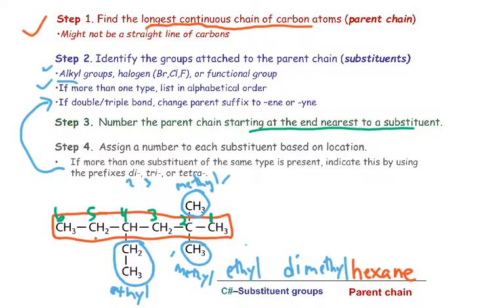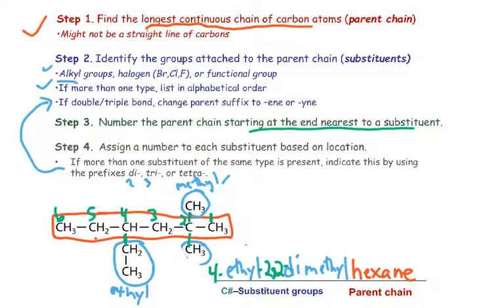And now we can say the address for each of these groups. I'm going to need to erase this so I can have some more space to write. All right, so the ethyl is sticking off of carbon 4. So we say 4-ethyl, and those 2 methyl groups are both sticking off of carbon 2. So we say 2,2-dimethyl, and that's a comma, sorry.